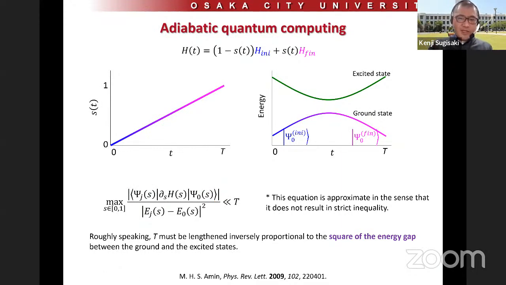So in order to perform adiabatic state preparation without contaminating the excited state, the instantaneous Hamiltonian should be changed very slowly. So the instantaneous Hamiltonian with m equal 3 should be very close to the instantaneous Hamiltonian with m equal 2.